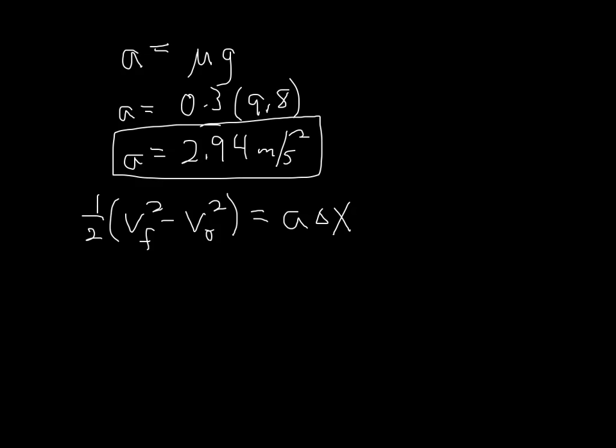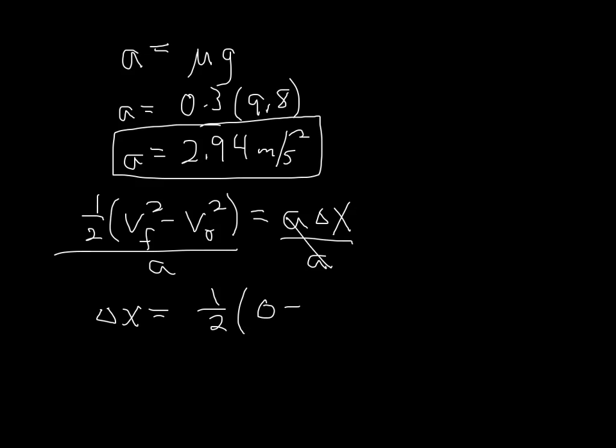If I shuffle this around, I can solve for delta x. Just divide both sides by a. Plug in your numbers. Delta x is 1/2 Vf squared, which is 0, minus V initial, which was 4.5.